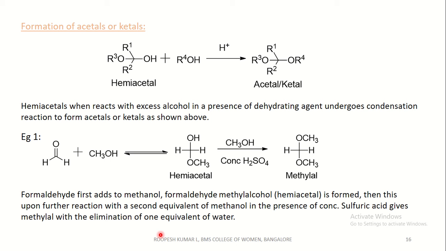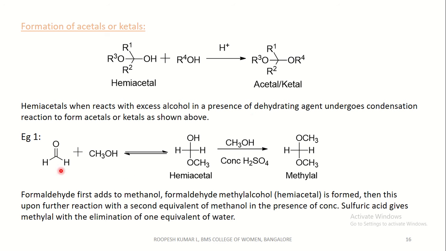Now let's see the formation of acetals or ketals. The hemiacetal from the previous reaction reacts with an alcohol in the presence of an acid, and we get an acetal or ketal. Hemiacetals, when reacted with excess alcohol in the presence of a dehydrating agent, undergo a condensation reaction to form acetals or ketals as shown.